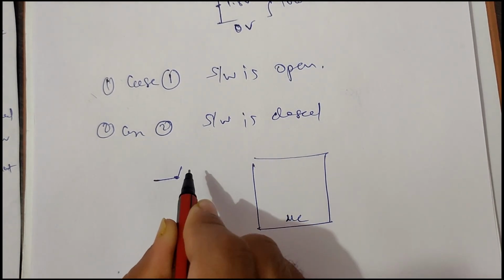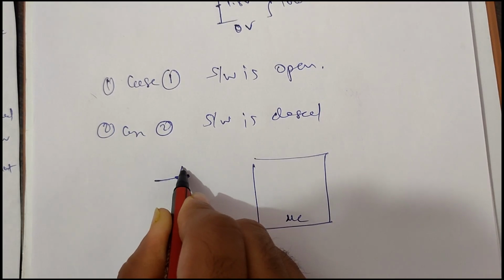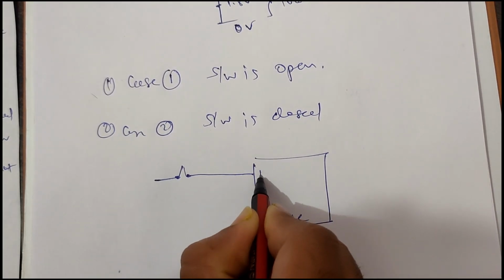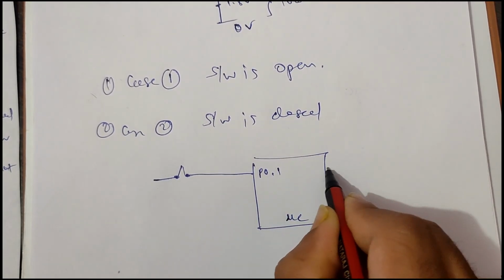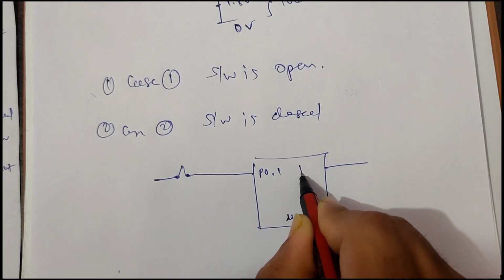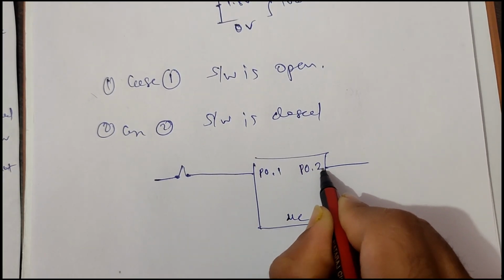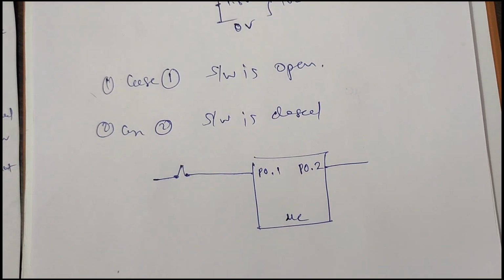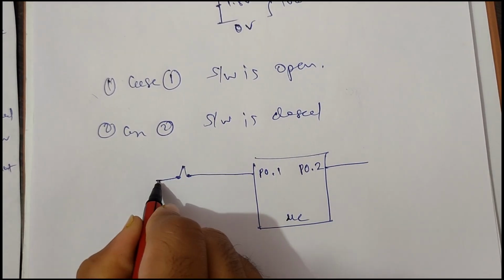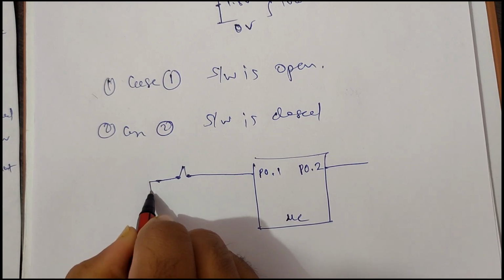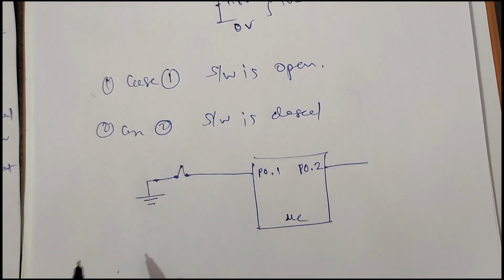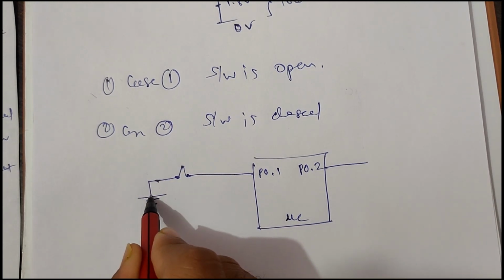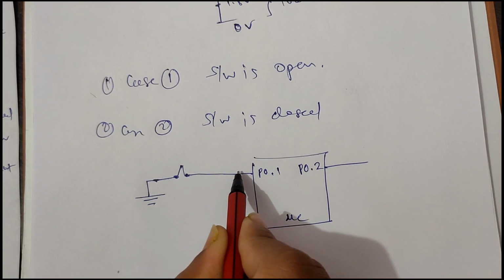The switch is connected to one of the pins, due to which it will drive the output, and the other end of the switch is connected to ground. So here also we will face the same problem. This is connected to ground, so ideally I should get 0 volt here.